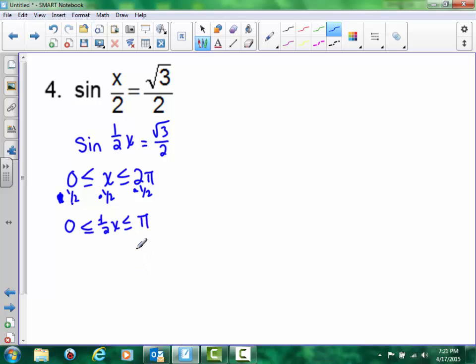Now I'm looking for where the square root of 3 over 2 is the answer to sine theta on the unit circle. I know that it is in this quadrant, square root of 3 over 2 occurs at pi over 3. And in this quadrant, we'd also get square root of 3 over 2, and that would be occurring at 2 pi over 3.